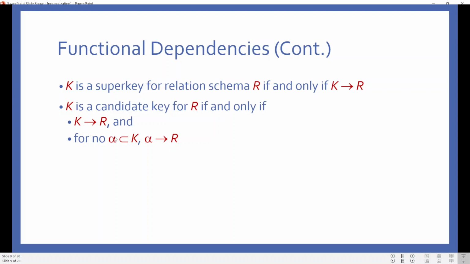That is, there shouldn't be any alpha which is a subset of K such that alpha determines R. If there is such an alpha, then K is not a candidate key. If there is no subset of K which can determine the relation, then you can say it is a candidate key.